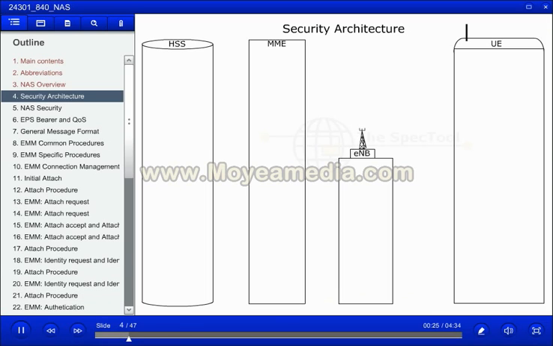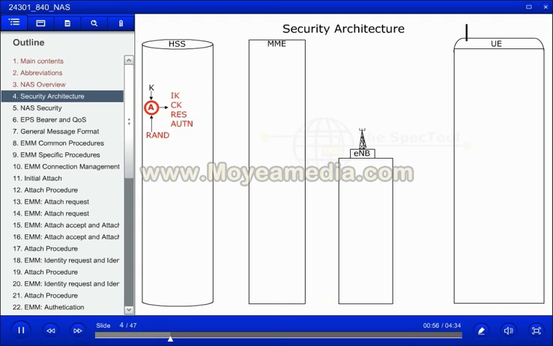Every subscription has its own security key, K, stored and protected within the HSS. Together with a random number, the K will be inserted into an algorithm. The output from the algorithm will be the integrity key, the ciphering key, the response value, and the authentication token.